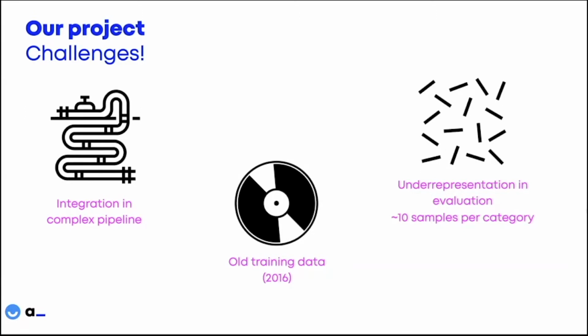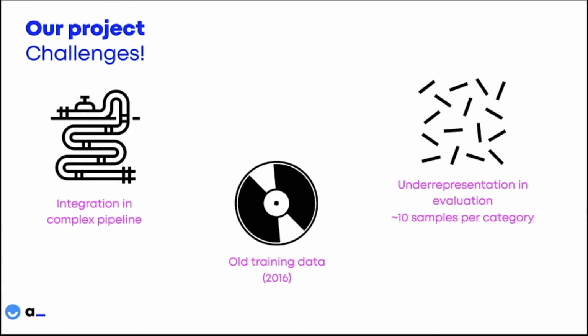And we were concerned that the model trained on this old data will not generalize well on the data from 2020. Another aspect of the data was the evaluation dataset that was pretty small. It had only about 10 samples per category, which is not enough to properly assess the quality of predictions.